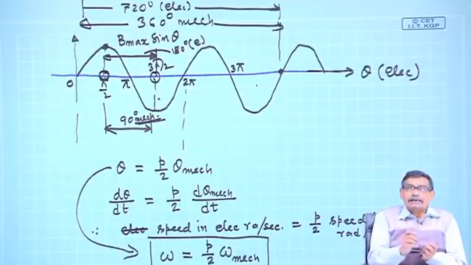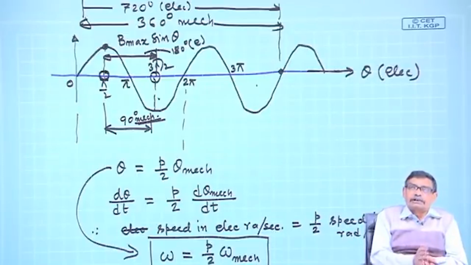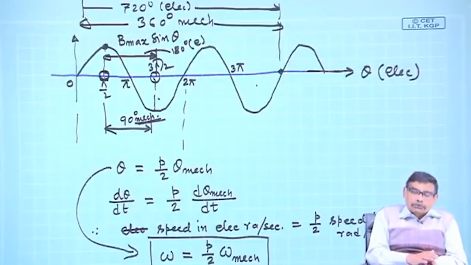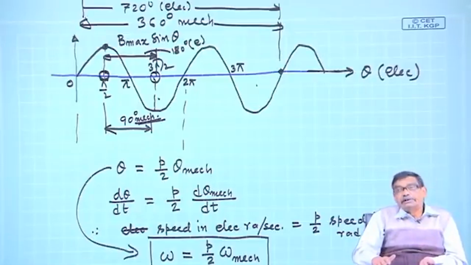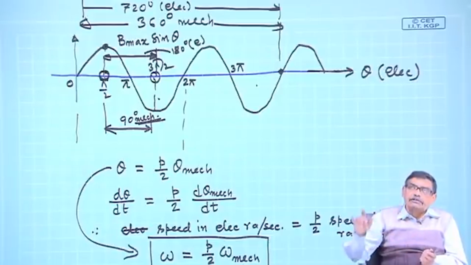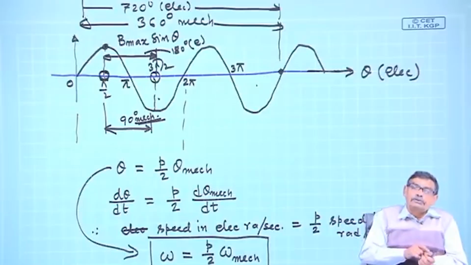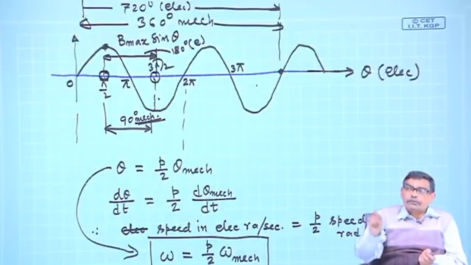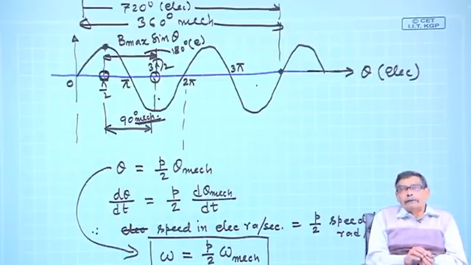What is mechanical degree? The mechanical degree we understand in geometry, that is the mechanical degree you can measure with a protractor, things like that. But when it comes to the generation of AC EMF, we immediately understand the number of cycles of EMF which will be produced as the conductor moves around the periphery of the rotor surface.